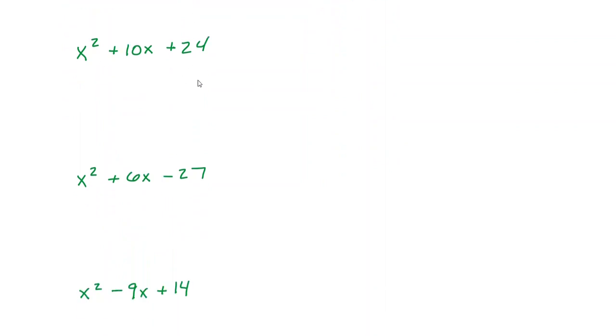All right, now we'll do a couple more just to slam these out and see the process. We'll see if we can do these a little faster and come up with some shortcuts. So positive 24. Well, that's 1 times 24. 1 plus 24 is 25. 2 times 12. Well, 2 plus 12 is 14.